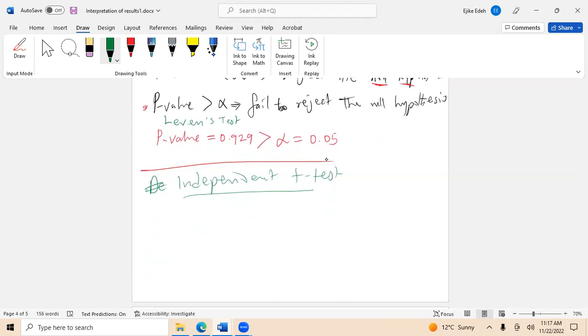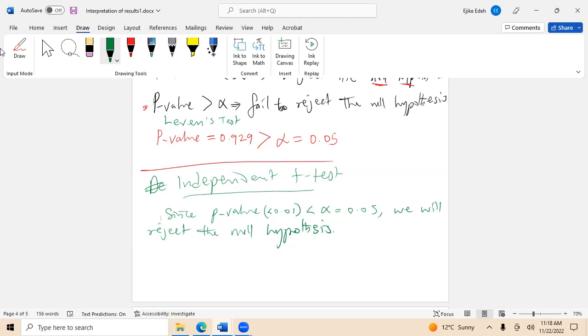So we'll go over here and say, since the p-value, which is given here as less than 0.01, is actually less than alpha, which we know to be 0.05, we'll reject the null hypothesis. We'll reject the null hypothesis because the p-value is smaller than alpha, right?